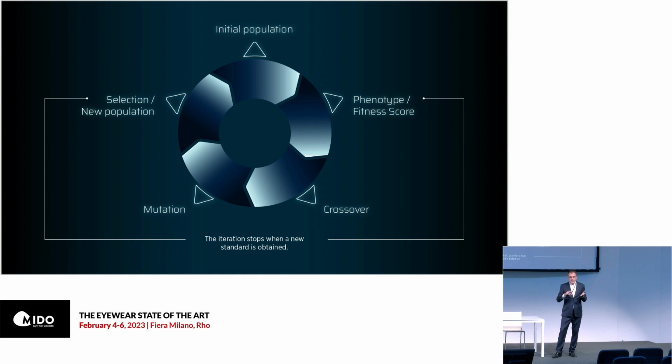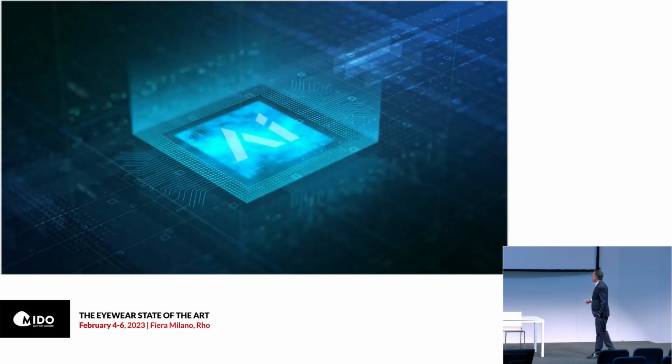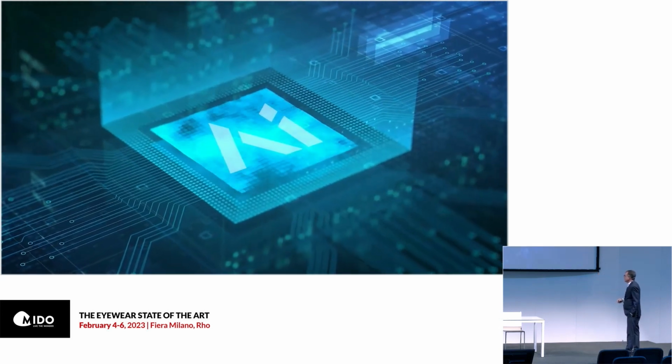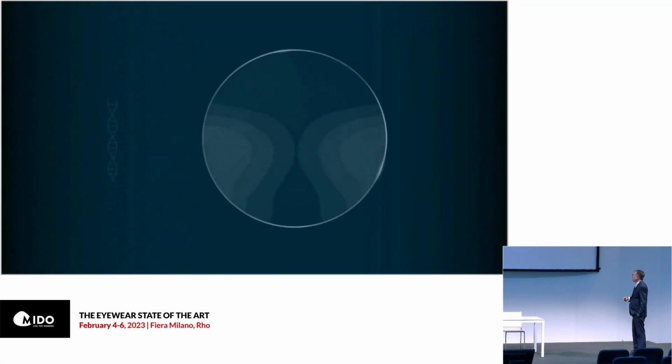So the distribution of mean power and of astigmatism is almost the same. This is a short video trying to explain at a very high level how the algorithm works.